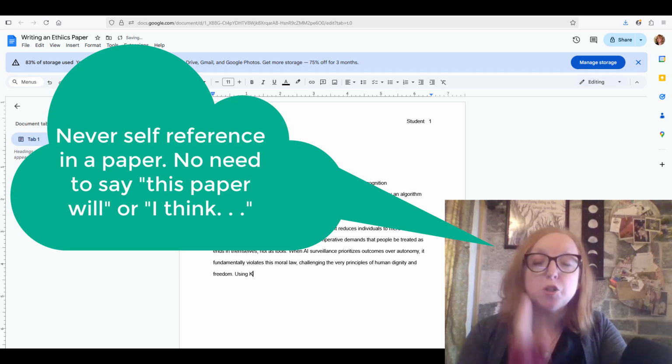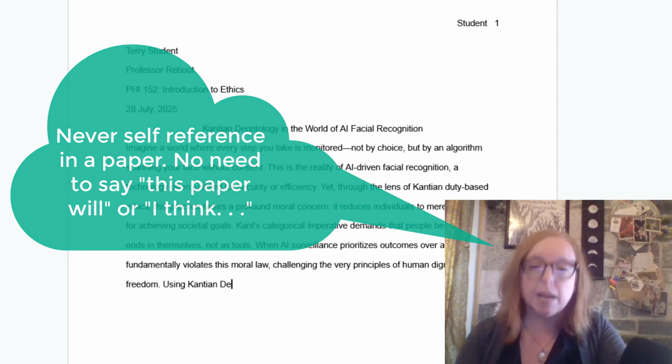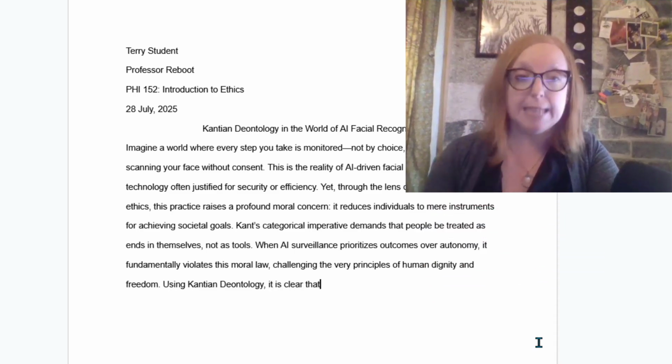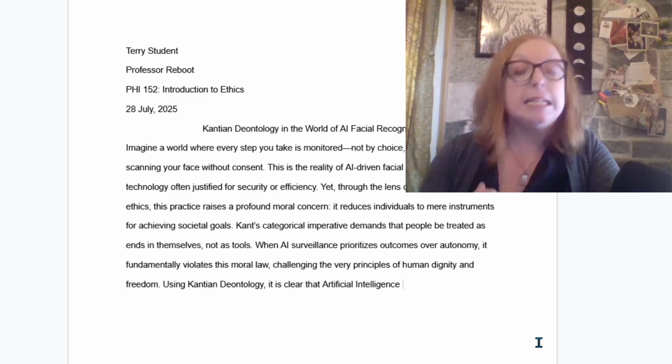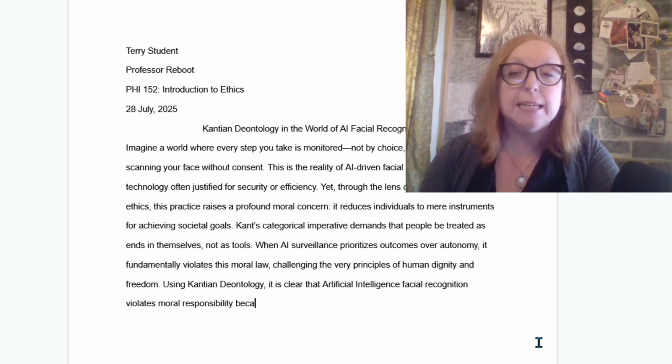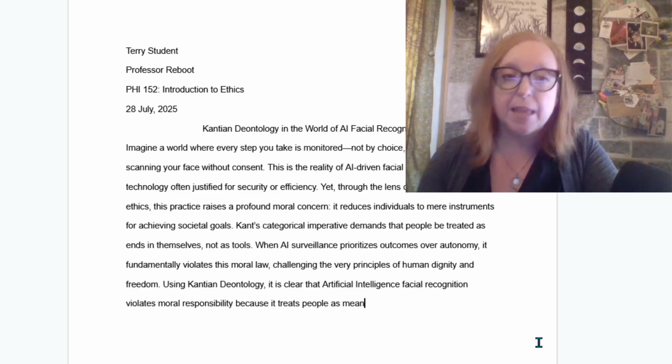Instead, you simply jump straight to the declaration you are making about the position you are taking. For example, you might say, "Using Kantian deontology, it is clear that artificial intelligence facial recognition violates moral duty because it treats individuals as means rather than ends."